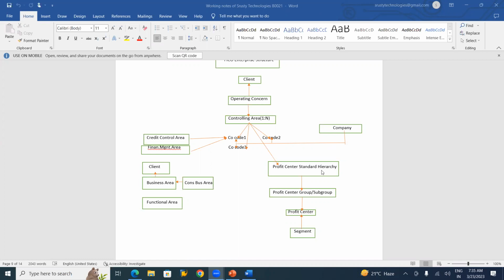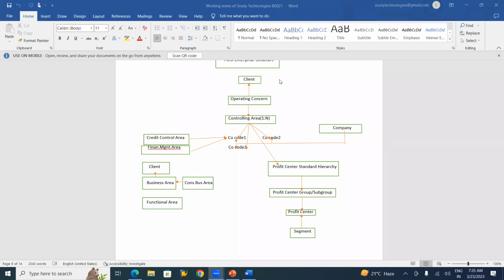Okay, next one, credit control area. Credit control area is a mandatory component.